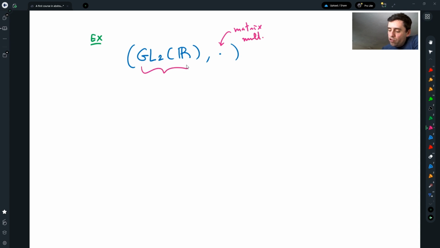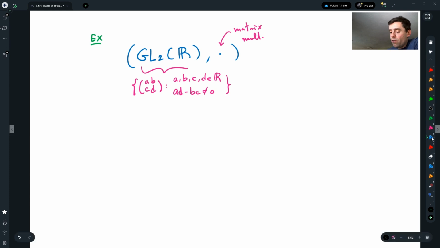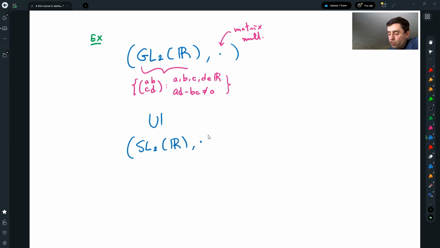These are 2 by 2 matrices with real coefficients such that AD minus BC is non-zero. Those are 2x2 matrices with non-zero determinant. Then there is a subgroup of this, which is called SL2R under matrix multiplication. And now this is going to be 2x2 matrices.